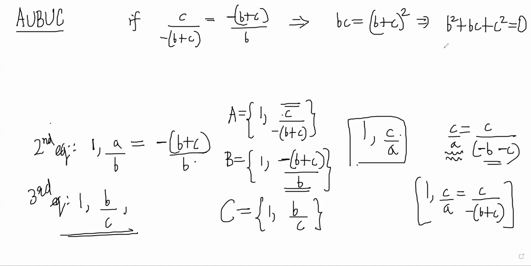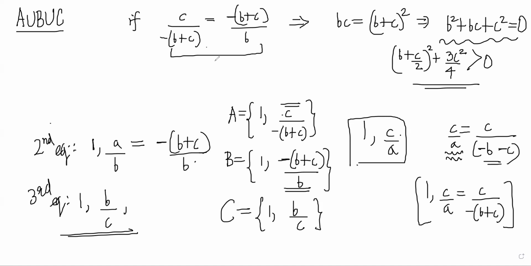But this is a contradiction. This is not possible because this can be written as b plus c by 2 whole square plus 3c square by 4, which is greater than 0. So these two cannot be equal, right?